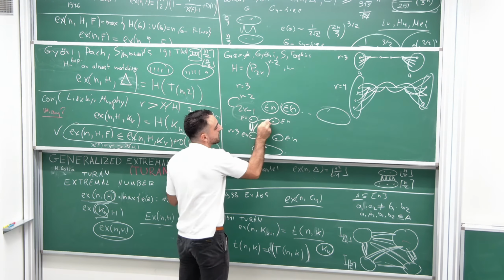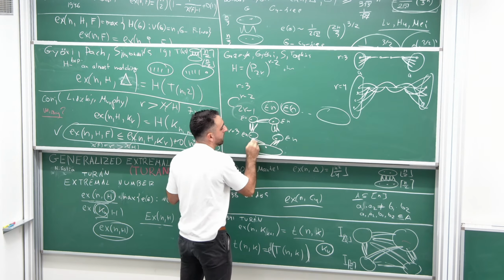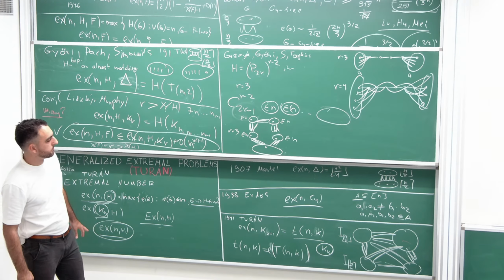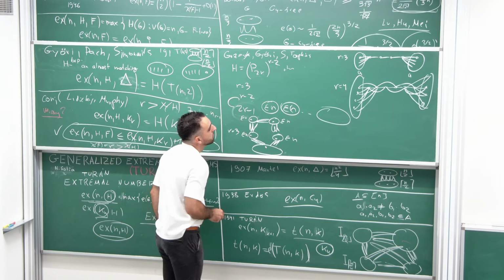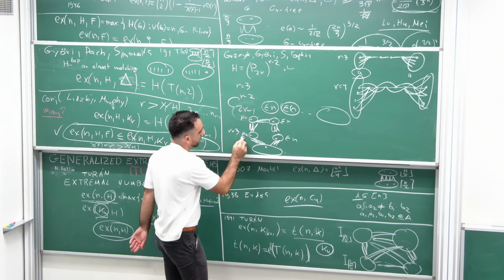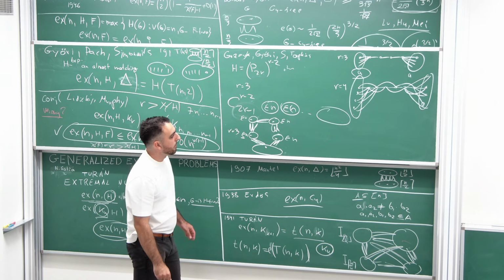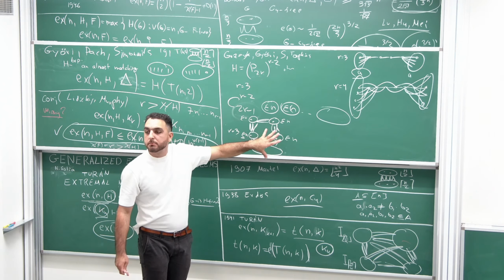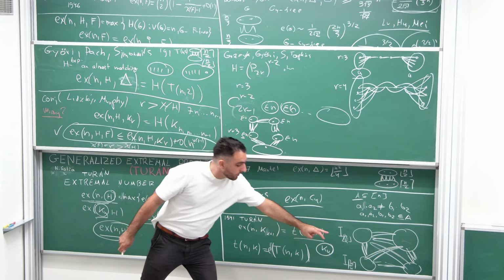And you take all edges here, there, there, there, and there. And we claim that if you smartly choose A and epsilon, the number of copies of this in here is more than in any of those graphs.